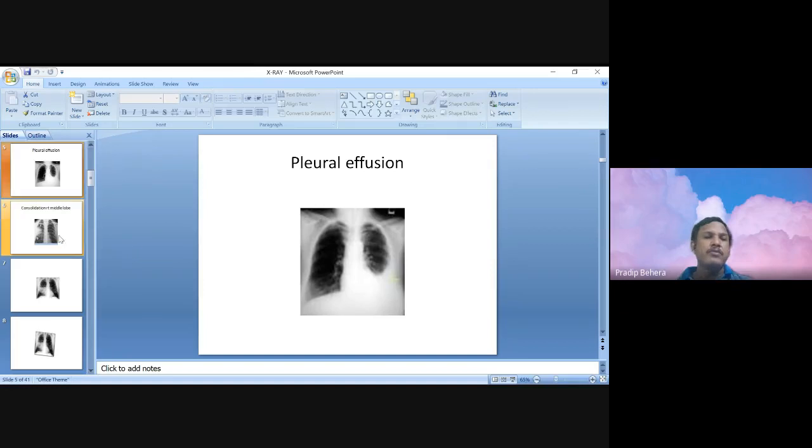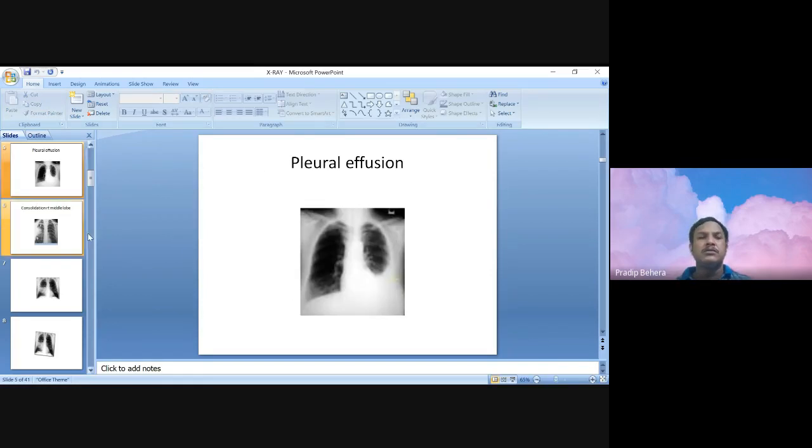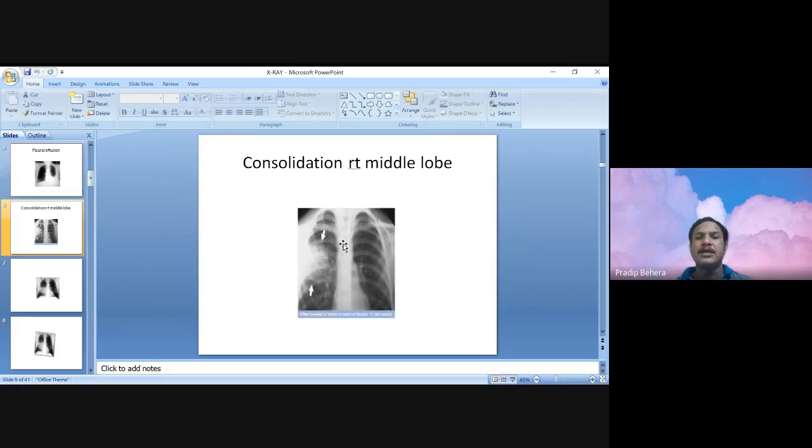So now coming to another one, what do you find here? The trachea is central, the cardiac silhouette is normal, and there is a non-homogeneous opacity, rather. Homogeneous means a continuous opacity, and if in between there is studded air, that is black dots, these are the bronchi containing air.